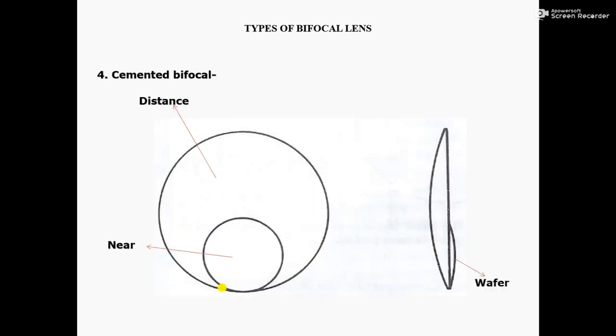Next, cemented bifocal. Here the upper portion is for distance and this round section is for near.